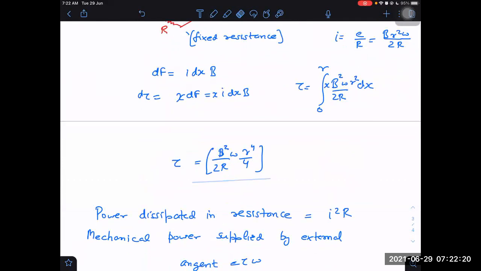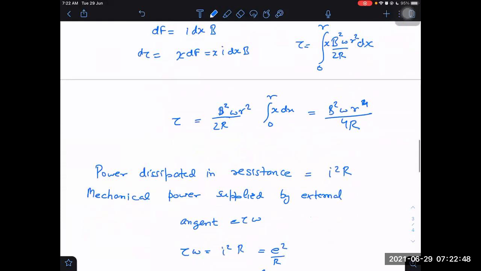Then which becomes finally, b square taken common, omega term common, r square can also be taken common outside, by x into dx integral 0 to r, which is b square omega into r raised to power 3, not 3, 4, by 4r. Now same getting, sir?